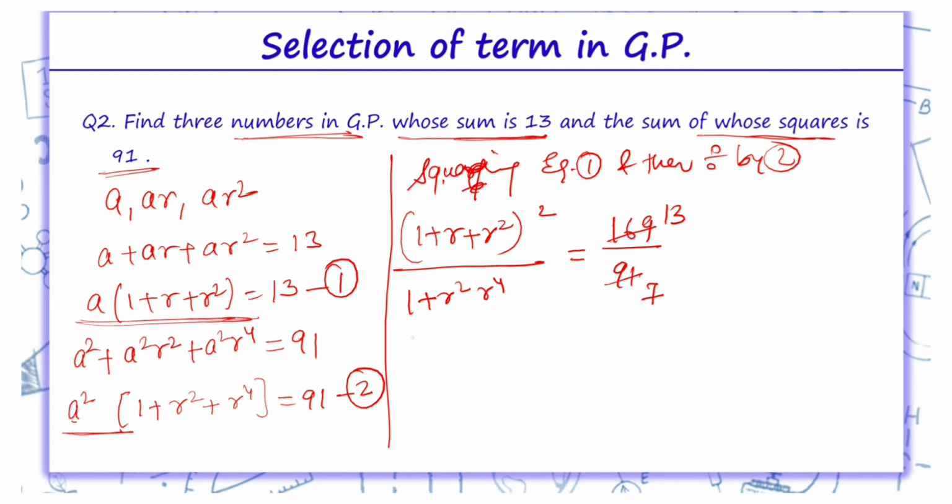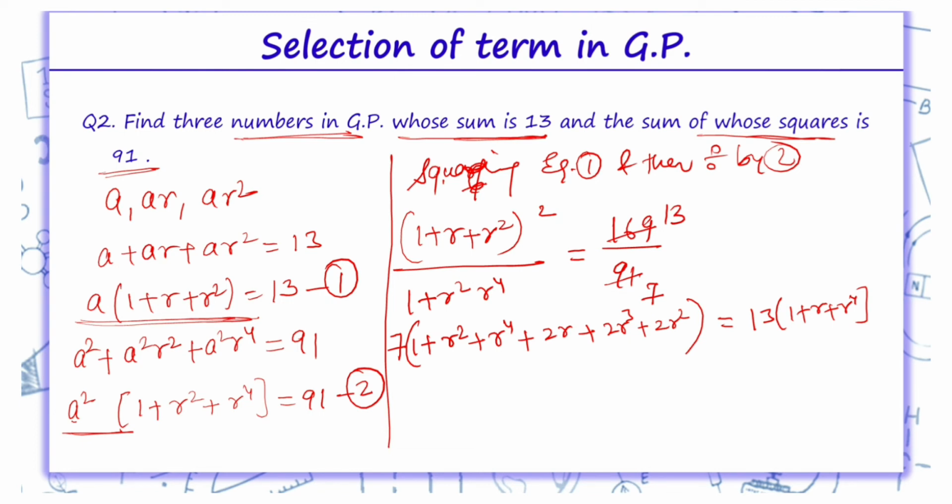On solving the square, 1 plus R plus R square whole square is A square plus B square plus C square plus 2AB plus 2BC plus 2CA, that is 1 plus R square plus R to the power 4 plus 2R plus 2R cube plus 2R square, and this will be multiplied with 7 and then 13 into 1 plus R square plus R to the power 4.